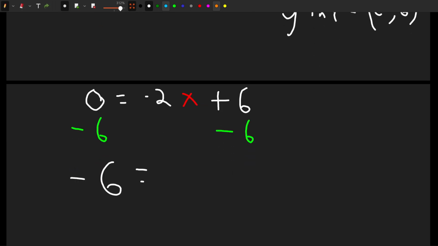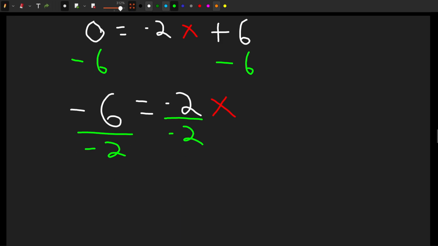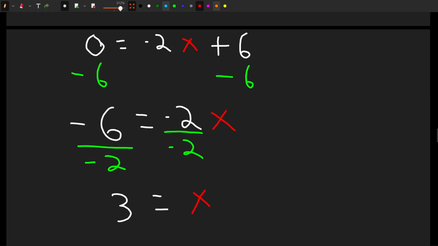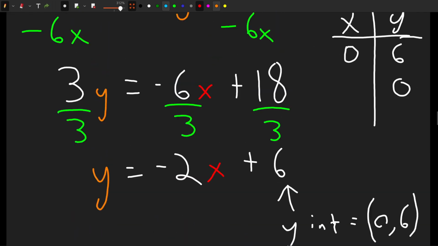I'm going to get negative 6 is equal to negative 2x. Divide by negative 2. And a negative divided by a negative is a positive, remember that. So we get 3 is equal to x. And so that means for my x-intercept point, I get 3, 0.